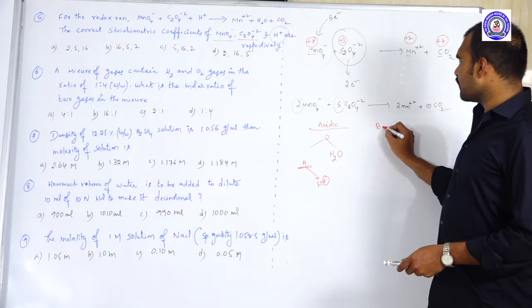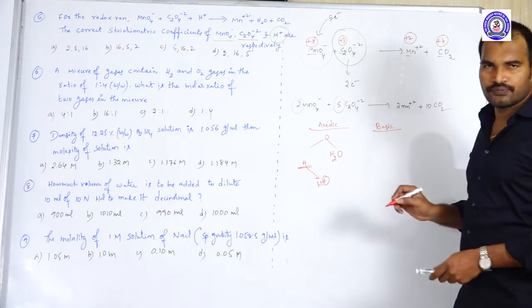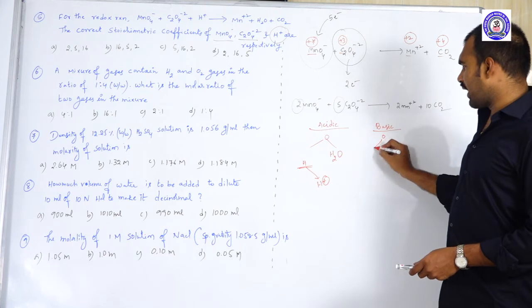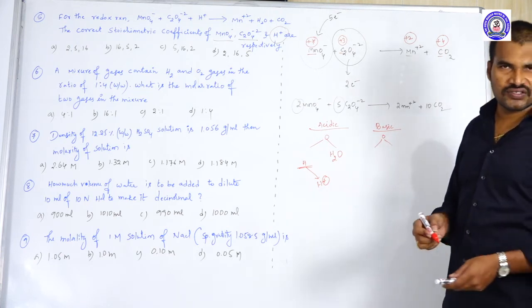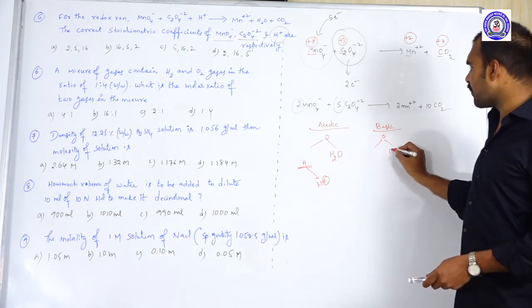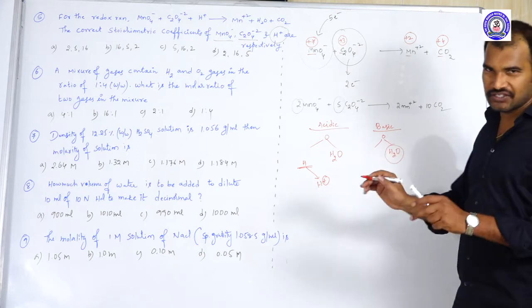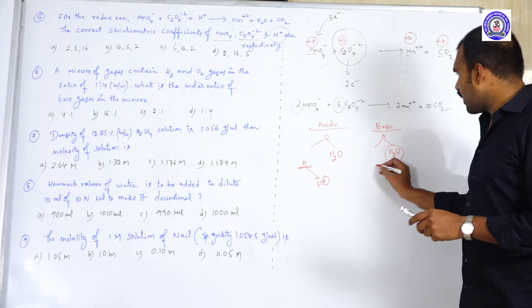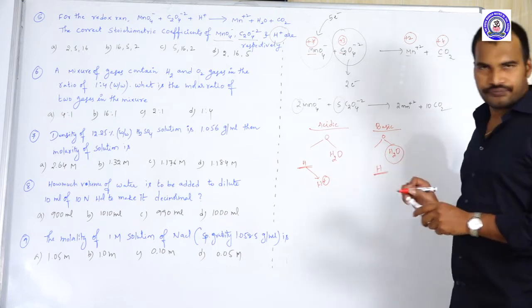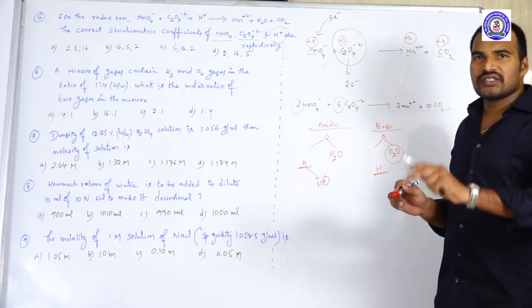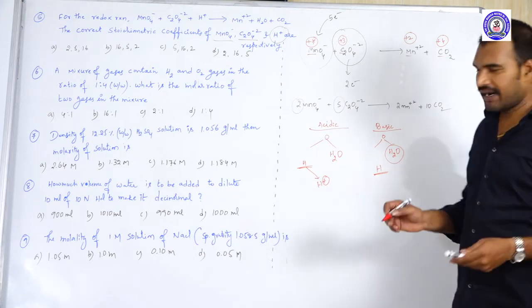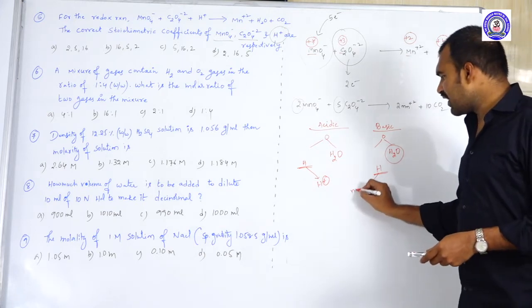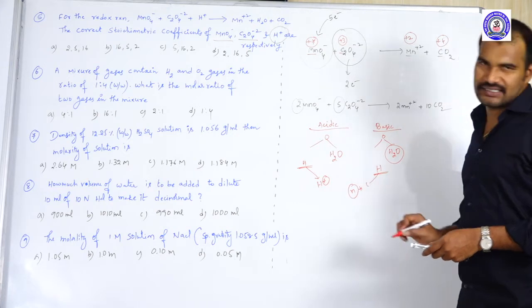Whereas in basic media, same as acidic media, the side where the oxygens are deficient, add that many number of water molecules. Balancing the oxygen is same. Now coming to the hydrogens balancing. Suppose in the left hand side n number of hydrogens are less.